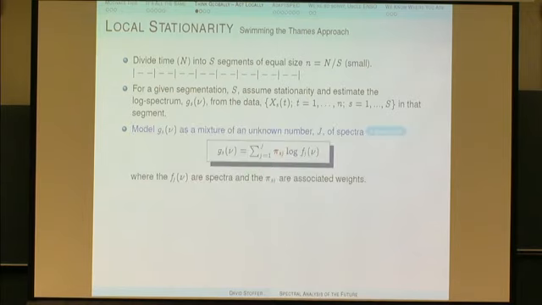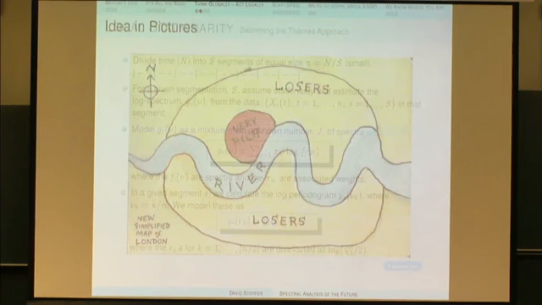The trick here is that when you're in the first section, you might be looking at something different than in the second section. So what we did is we assumed that the spectral density in any segment is a mixture of some unknown but finite number of spectral densities with these probability weights pi. Okay, so I'll show you how this goes.